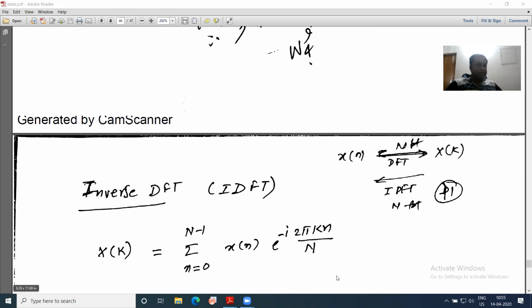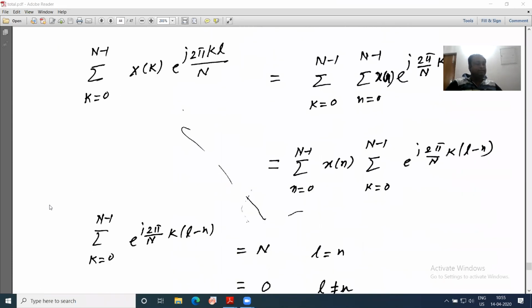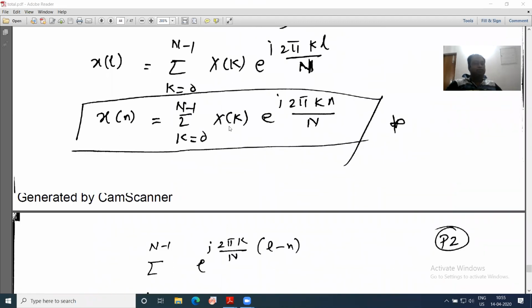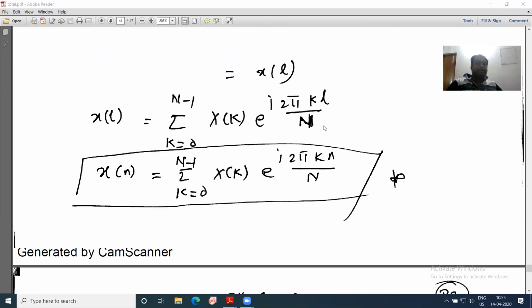This is called DFT, discrete Fourier transform. And if x of k is known, then I can find x of n. So this is called IDFT. You should remember, I will correct while sending the note, that this is multiplied by 1 by n.